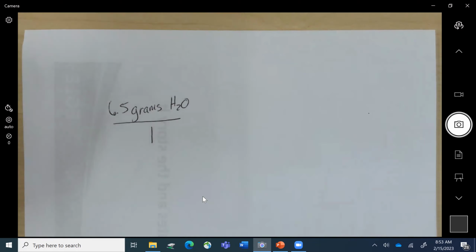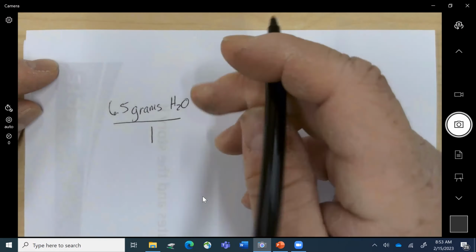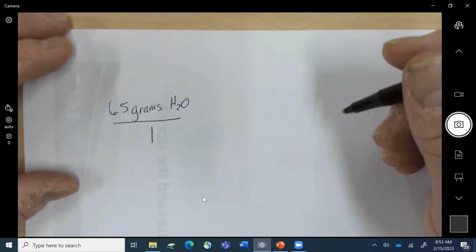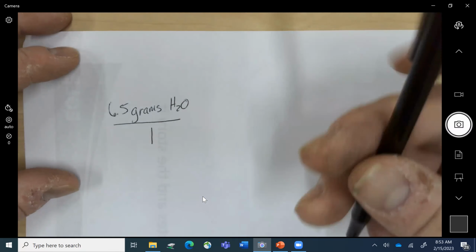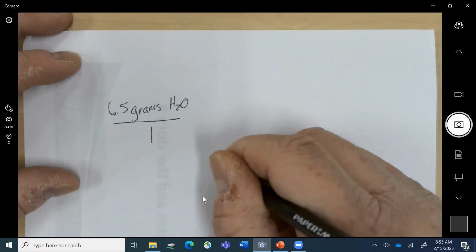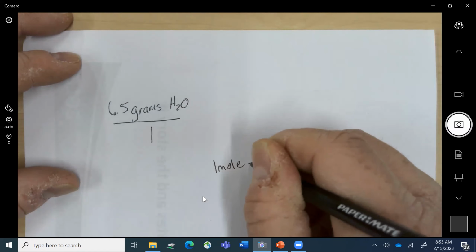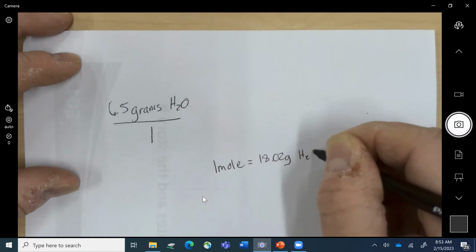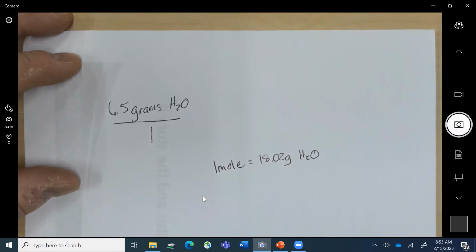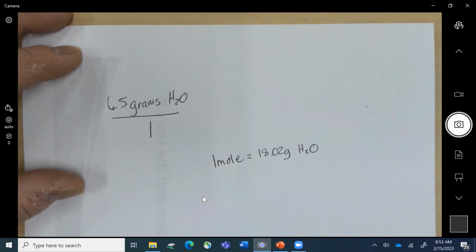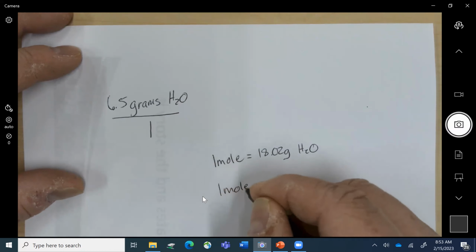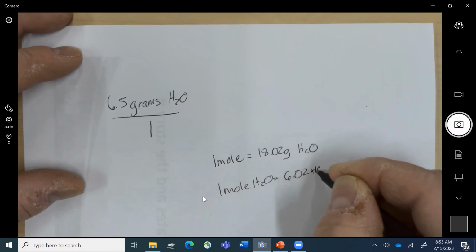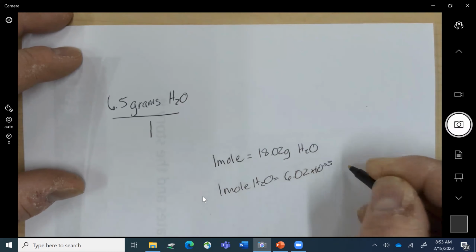So 6.5 grams of water. Well, it wants to know how many particles there are in that. And I know that 1 mole of water weighs 18.02 grams of H2O. And I know that 1 mole of H2O equals 6.02 times 10 to the 23rd of H2O.